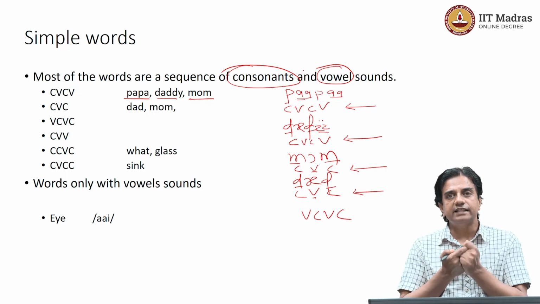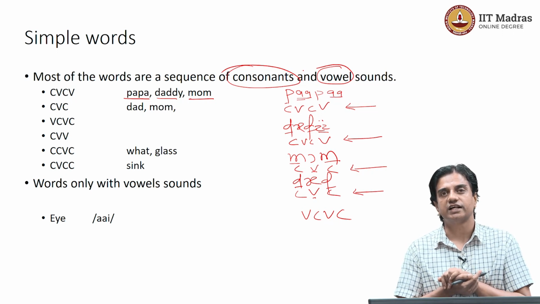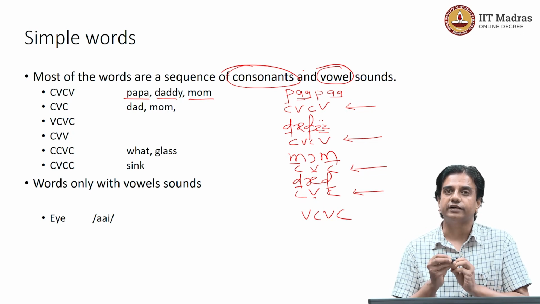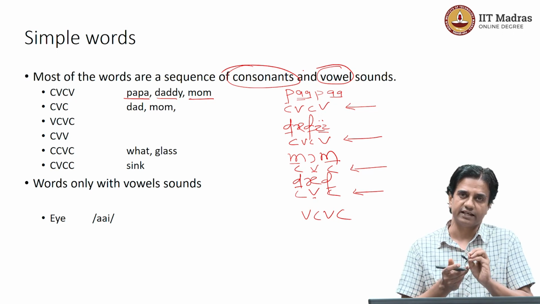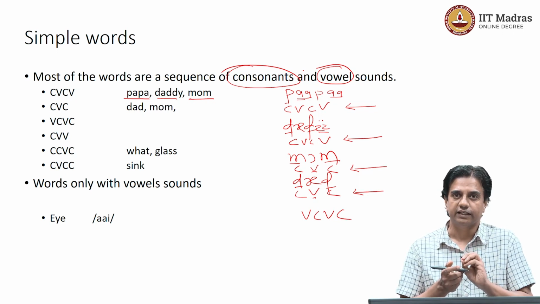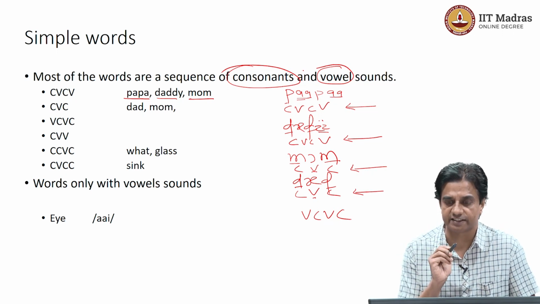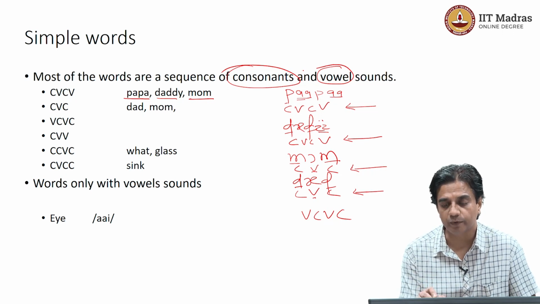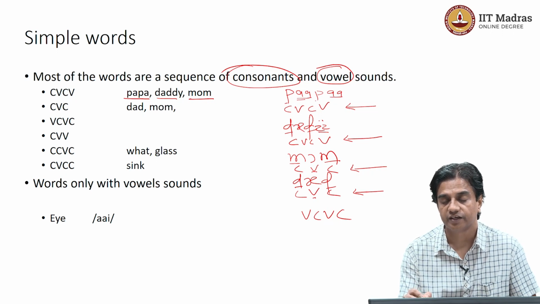So at this stage, based on your understanding of consonant sounds, vowel sounds, and how they come together to make simple or complex words, there is a very simple exercise that will help you look into that. I'll talk about the exercise in a minute, but another point to keep in mind is to keep paying attention to the places of articulation of these consonants also.